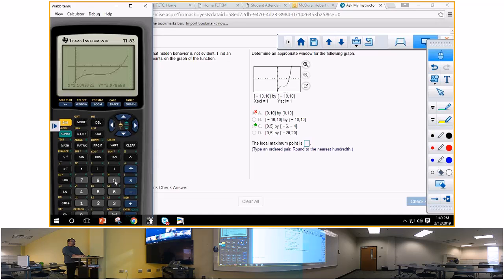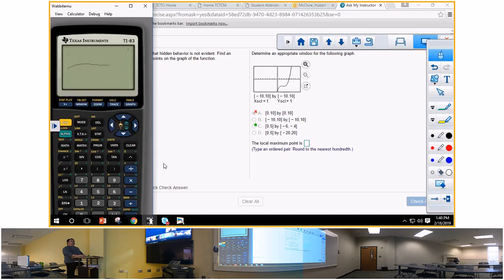Sometimes the calculator is a good thing, and sometimes it is a pain. So hopefully I'm going to cover the bends now. There's the bends, and I'm going to hit enter.